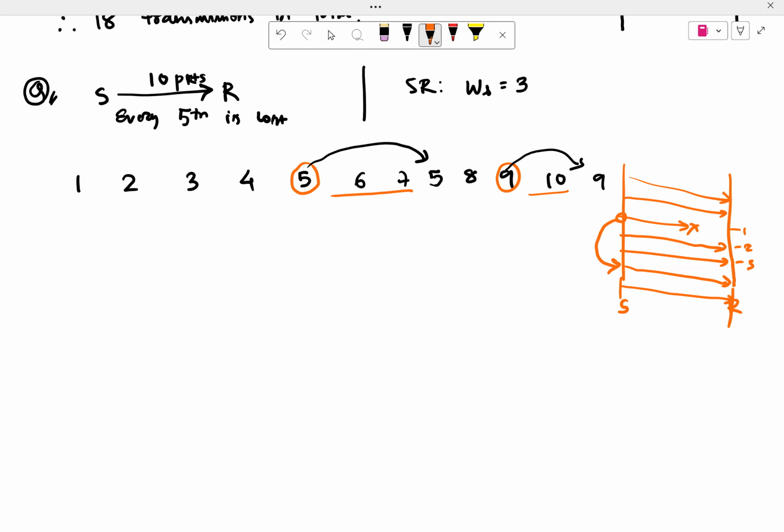The point where you are missing, you'll not know until the window is complete. So you let the window complete, then you selectively pull that packet out and repeat it.